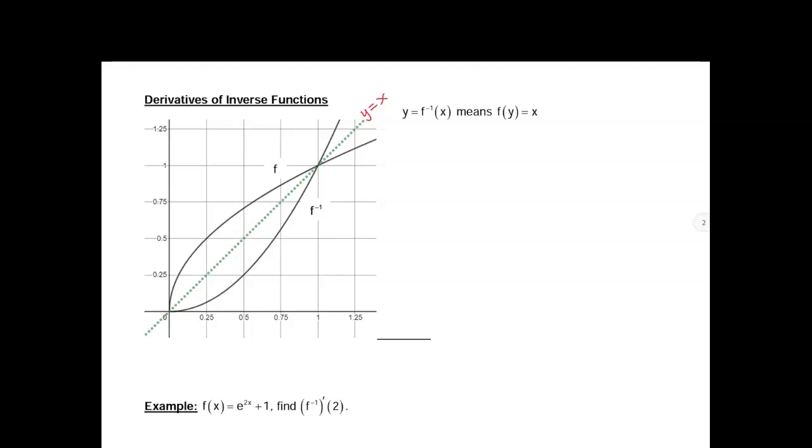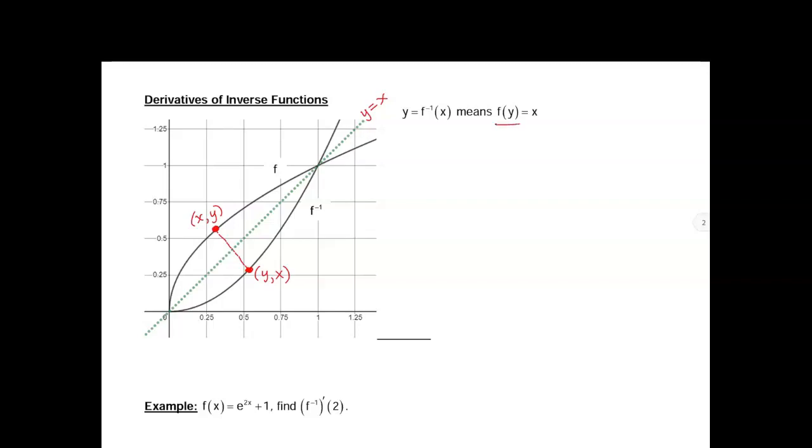So you can see it's drawn that way here. I'm going to locate a point on f, any point at all. So I'm going to call it (x, y). If (x, y) is a point on f, then there has to be a point on the inverse of f called (y, x). So we're going to use that concept in a moment. Now, I want to take the derivative of f inverse.